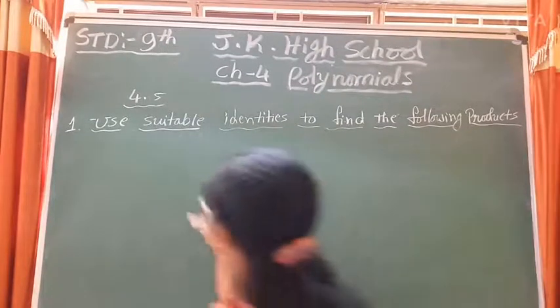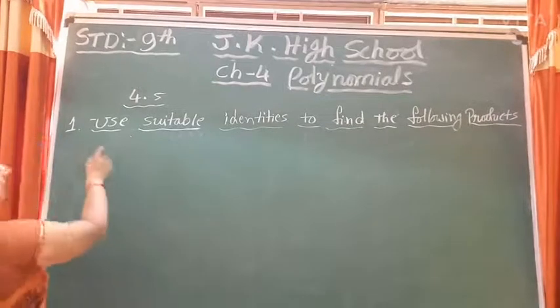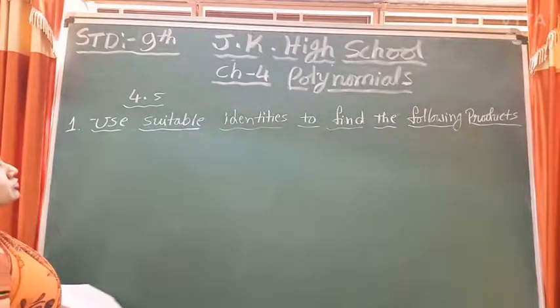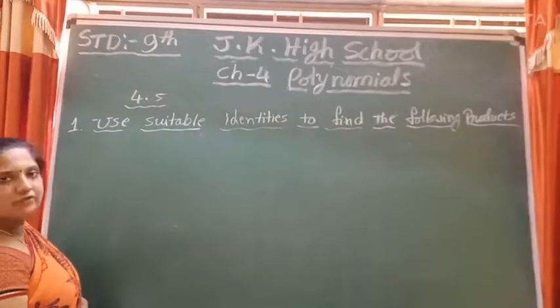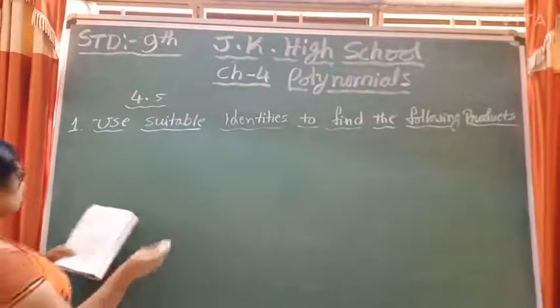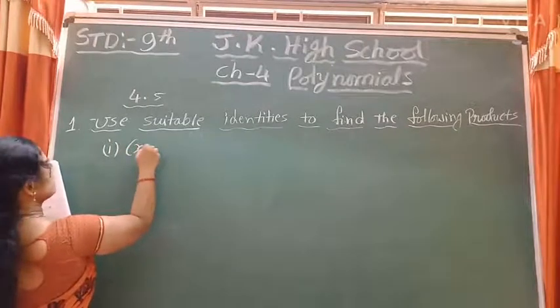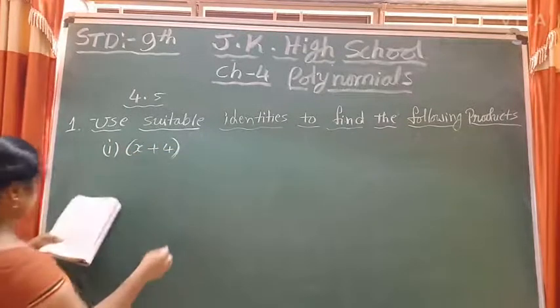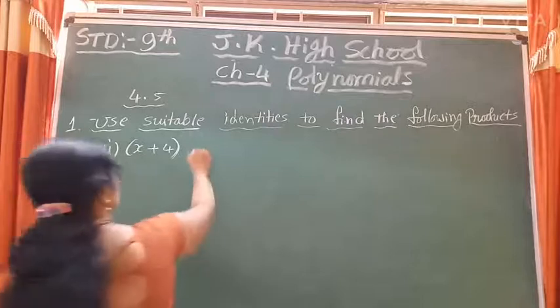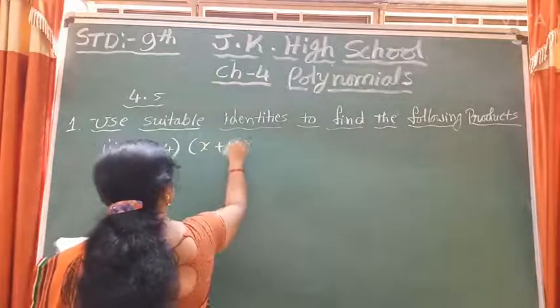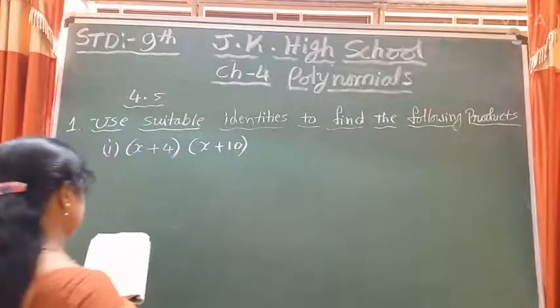Children, exercise 4.5. The first main heading is: use suitable identities to find the following products. The first question is x plus 4 into x plus 10. According to which identity is this?